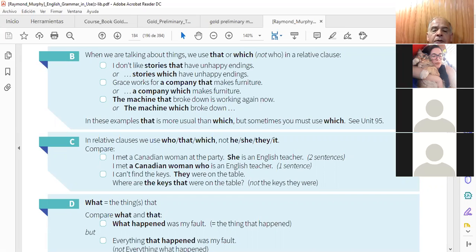So the first one is there. Number one says, an architect, and I pick up this, is someone who designs buildings, right? So you have to make one sentence using a customer, a burglar, a coward, and finish it with this.